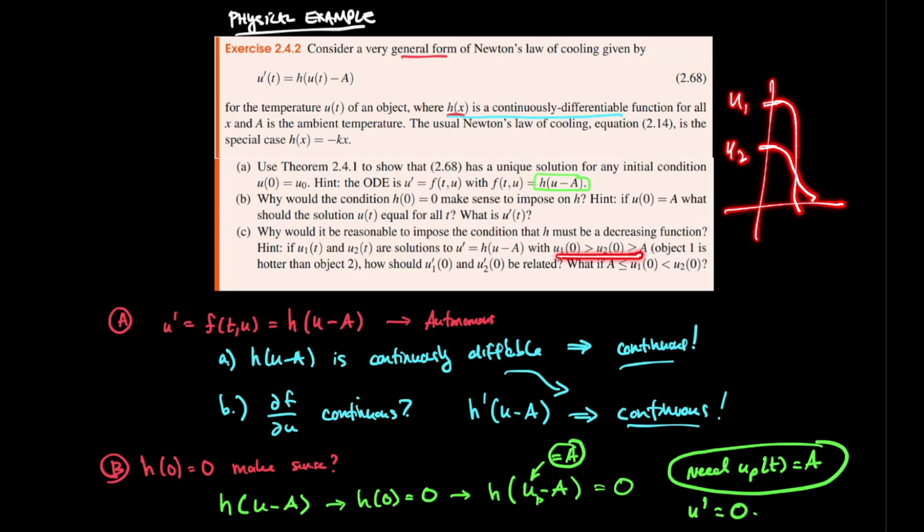So their derivatives will be related such that u1 prime is going to be more steeply negative than u2 prime. Does that make sense? So something that starts off hotter has got more to lose faster to get to the ambient temperature, right?